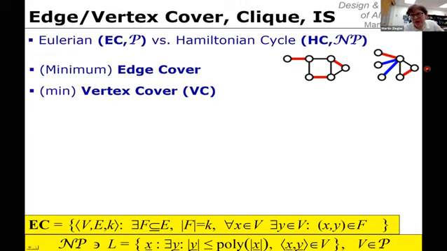Size at most k, or that's equivalent, an edge cover of size k. Now this is a decision problem. The answer to this problem is either yes or no. Either there exists an edge cover of size k, or there is no edge cover of size k. That's a yes/no problem.